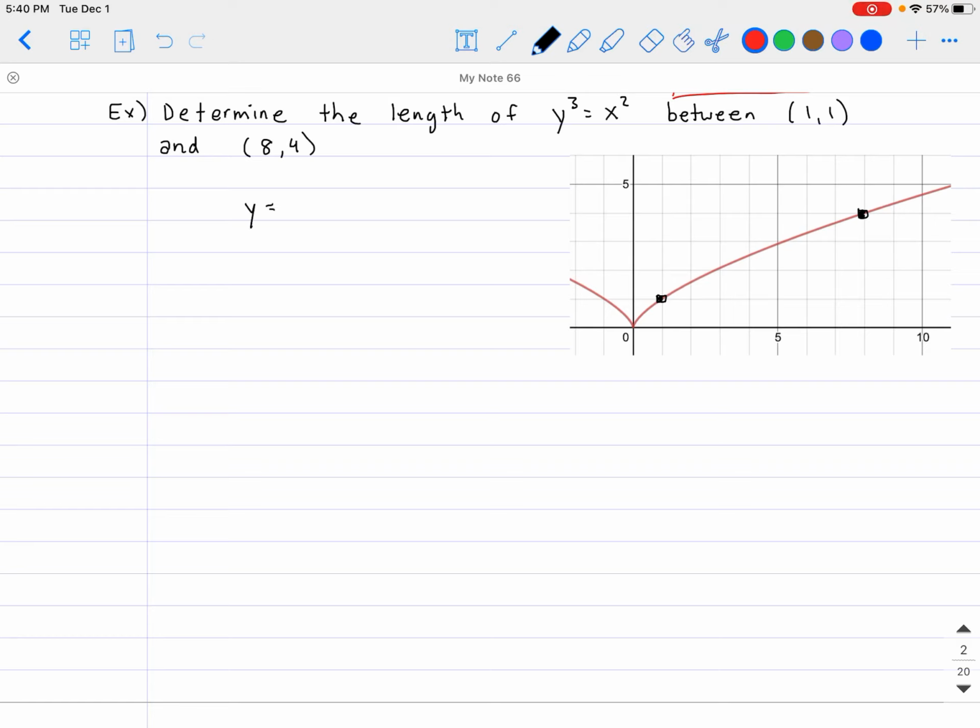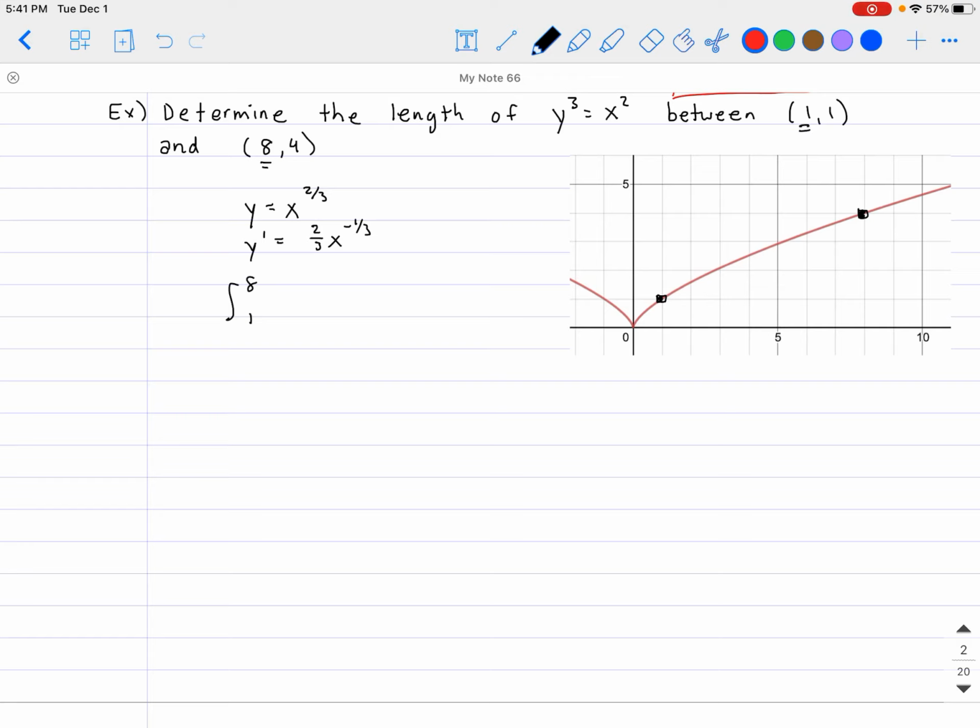First, we solve for y, which is equal to x raised to the power of 2/3. If I take its derivative, that gives me 2/3 x to the power of negative 1/3. Throwing it into my equation, the integral is going to be from 1 to 8, because if you notice, it's from the point (1, 1) to (8, 4).